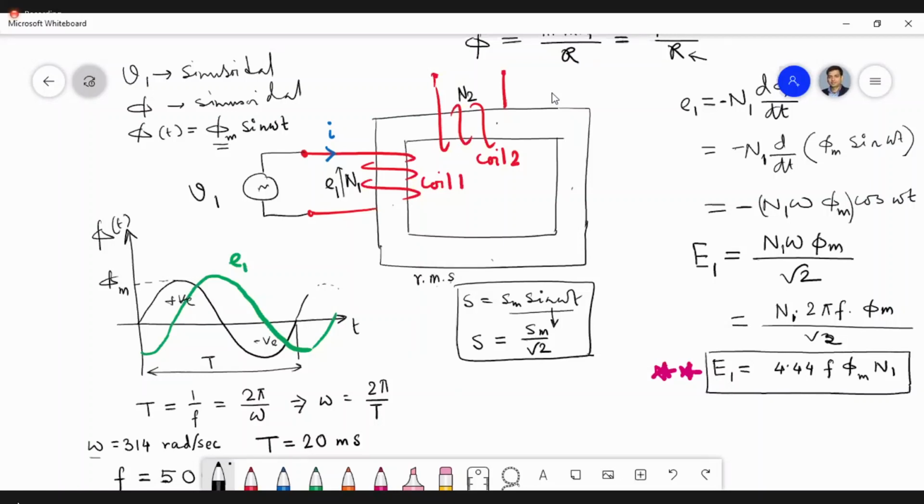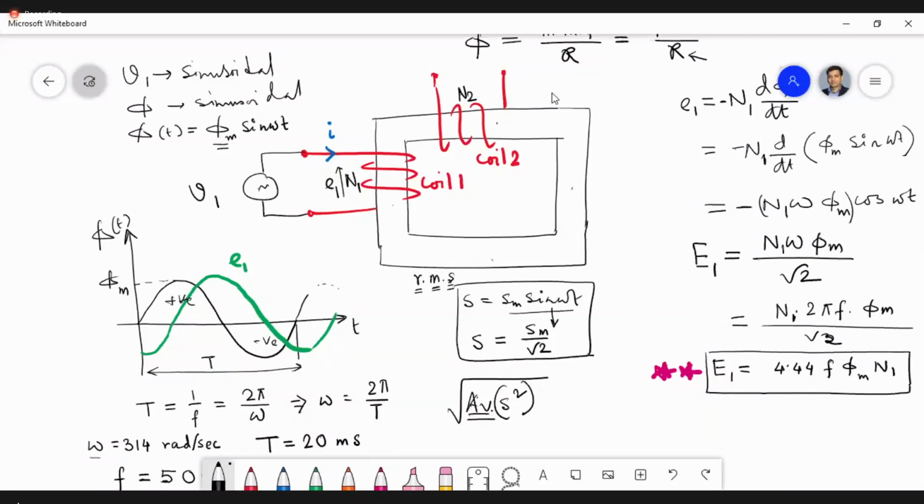You take the square of the quantity, then you take the average, then you take the root of that. So first you have to square the signal, then take the average of that, then take the root. It will give you the RMS value.